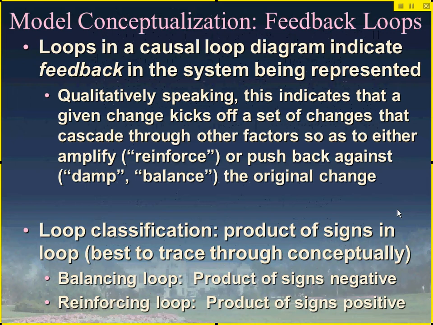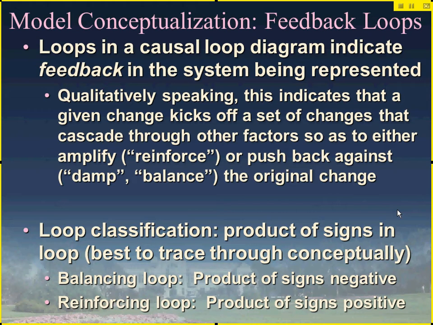So we see A, for example, as influencing B, as driving B, and B as driving A. What this means at an intuitive level is, if we see a change to one of these, say to A, it leads to a change which then affects B, which then ripples around to either amplify or push back against that original change in A. So we have this causal mechanism that ripples around the system and either amplifies or damps that original change.